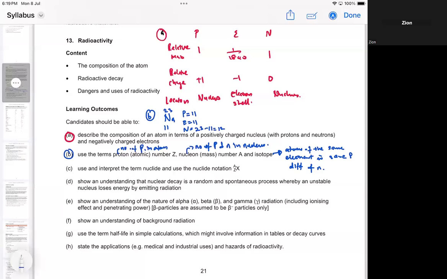And then another sodium atom, sodium 24. Then you have same thing, 11 for proton and electrons. Neutrons here will be 24 minus 11, 13. So these two, what we call sodium 23 and sodium 24, they are isotopes. Okay, this is point A and point B so far, okay?